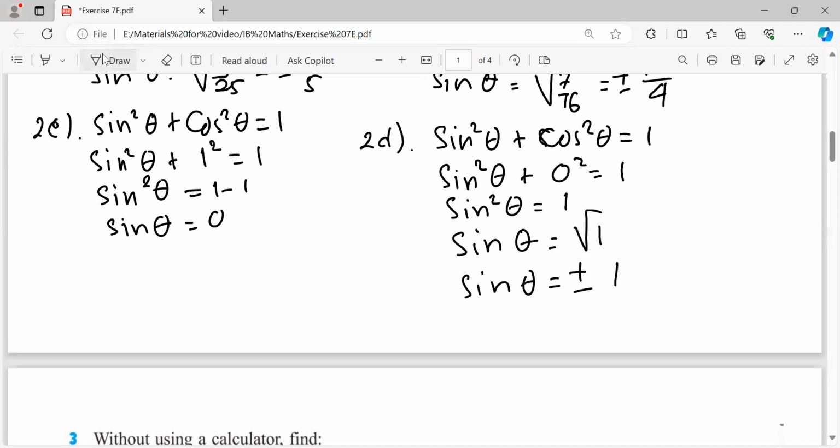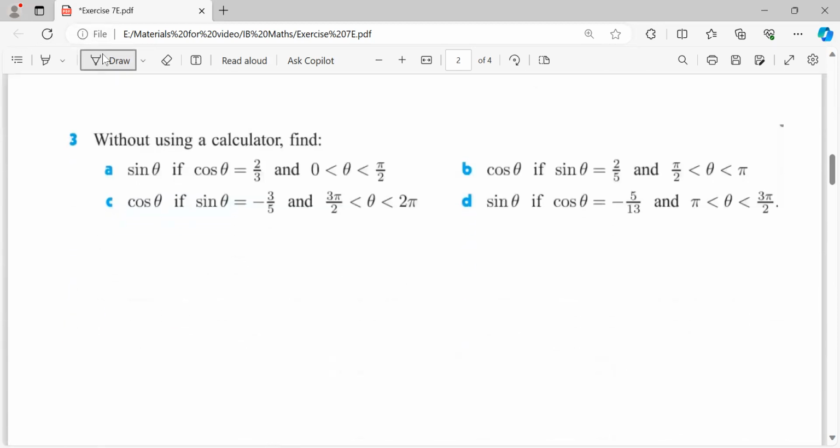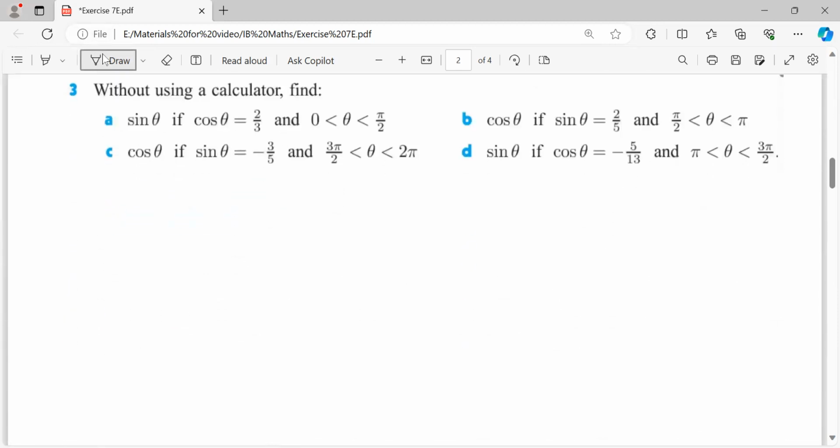Okay, next, number 3. Without using a calculator, find sine theta if cosine theta equals 2/3 and theta is greater than 0 and less than pi over 2.